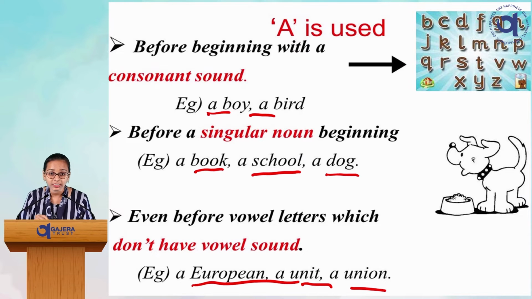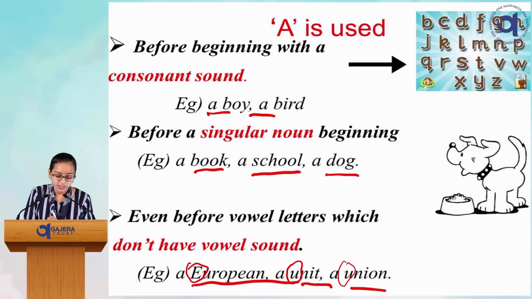Now here you can see that the first letter is E. Unit is starting with U and union is starting with U. These are vowels, but still we have written A. Why?